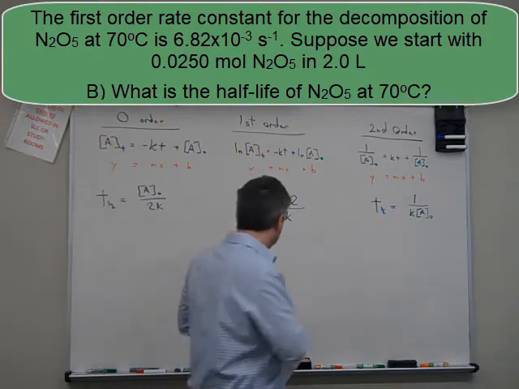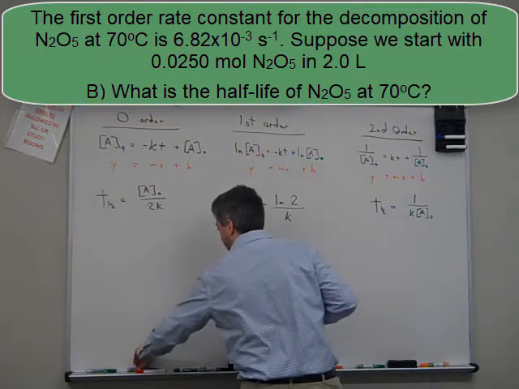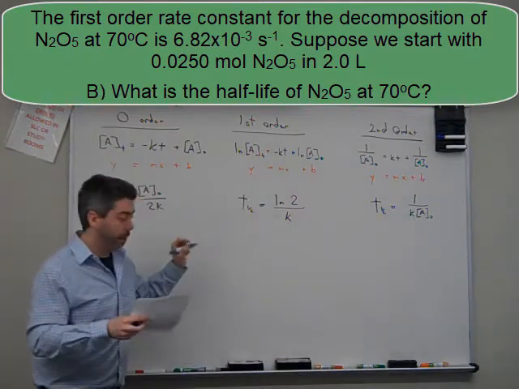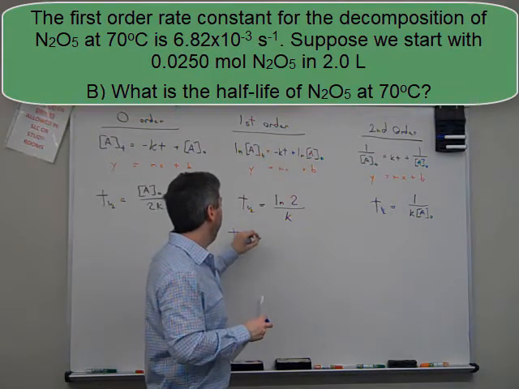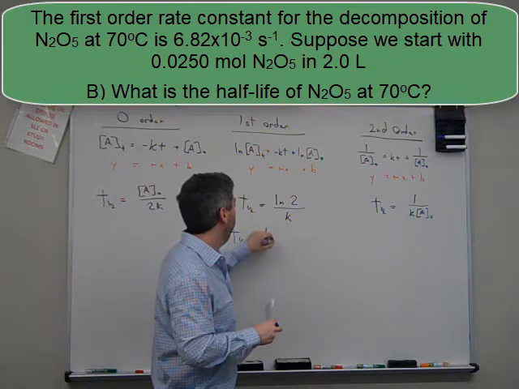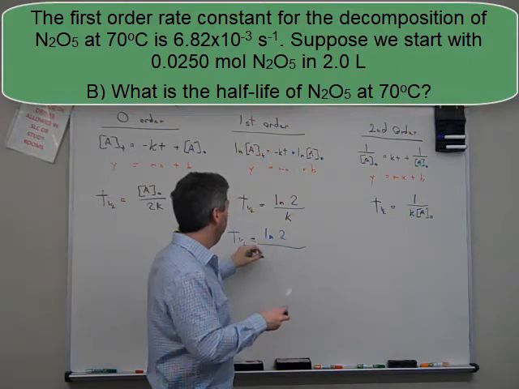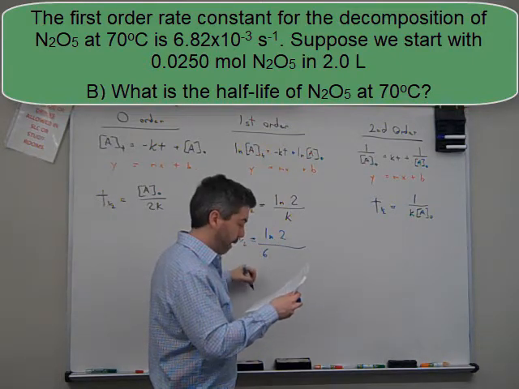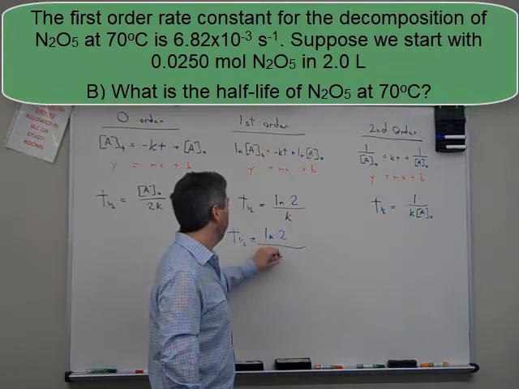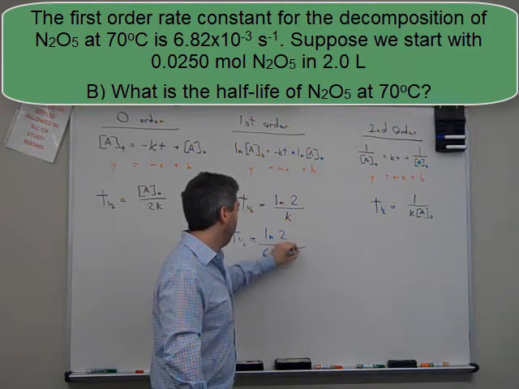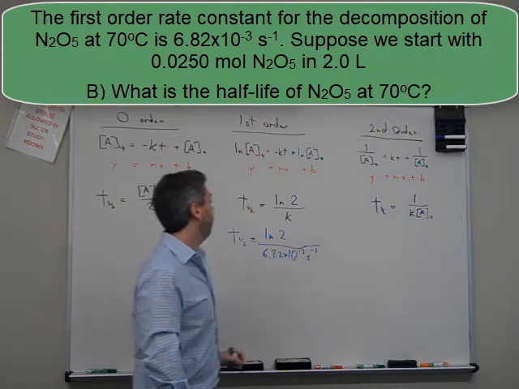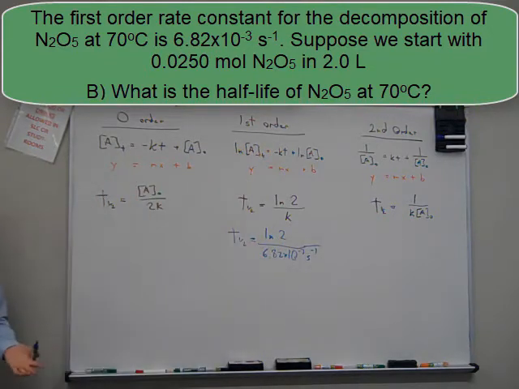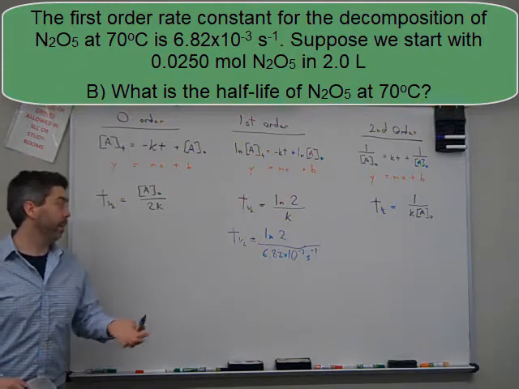It's actually very simple, because all I really have to do is plug in the k value here. So t1/2 is equal to the ln of 2 divided by 6.82 times 10 to the negative third seconds to the negative 1. And if I do that, I'll get my half-life, the time it takes to go down to half.